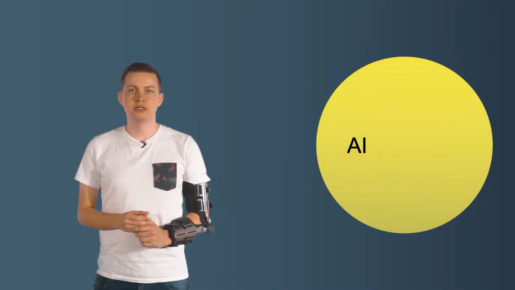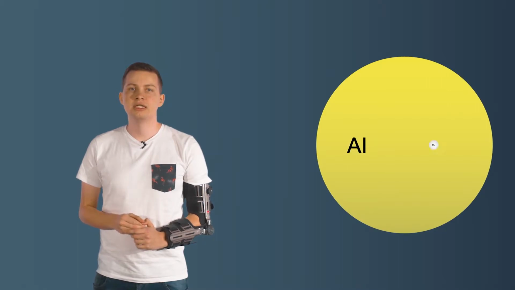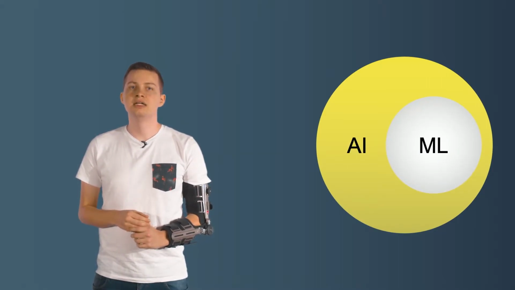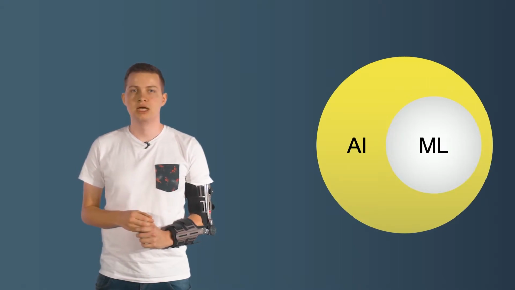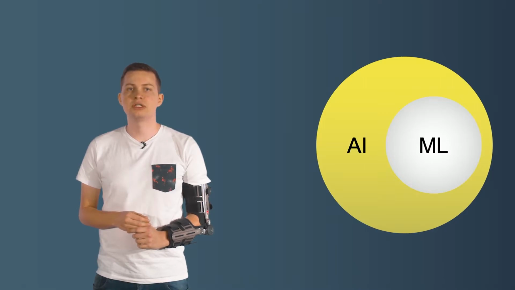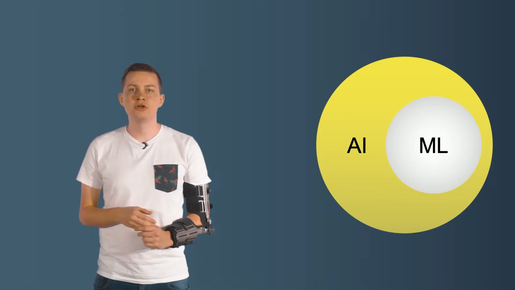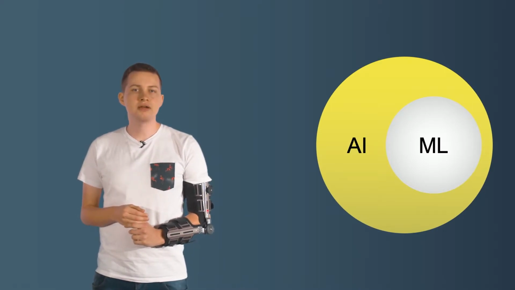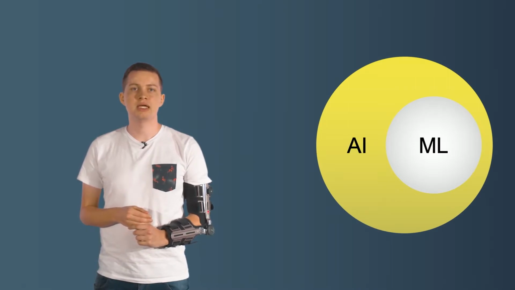As we have already learned, machine learning is a part of AI, but not all approaches in AI use machine learning. A lot of these other approaches fall under the category of so-called symbolic AI. This is, historically, the first approach to AI. It is based on the symbolic representation of knowledge and uses logic and reasoning to find a solution.